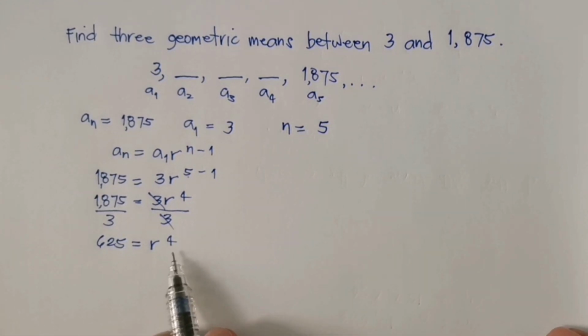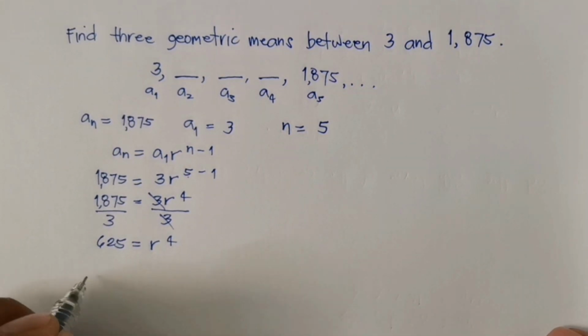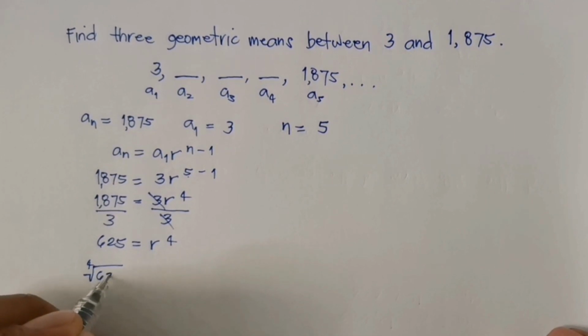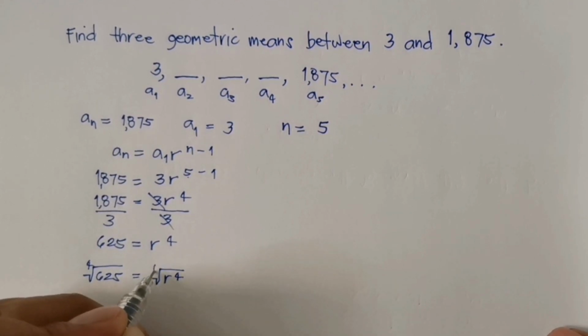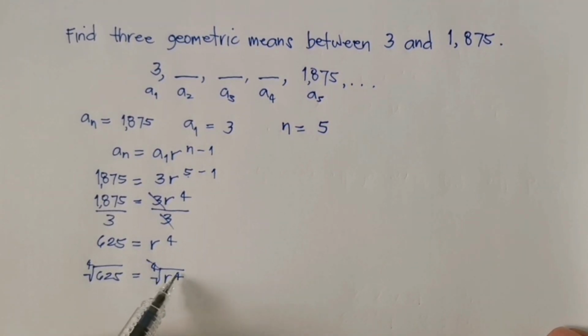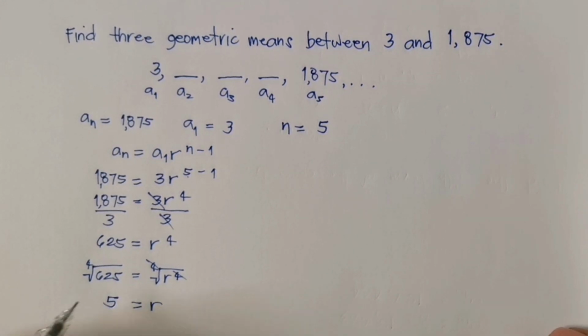Since it is raised to the 4th power, we will get the 4th root of 625 and the 4th root also of r raised to 4. So this will be cancelled out. What remains on the right side is r, and computing for the 4th root of 625, that is 5.